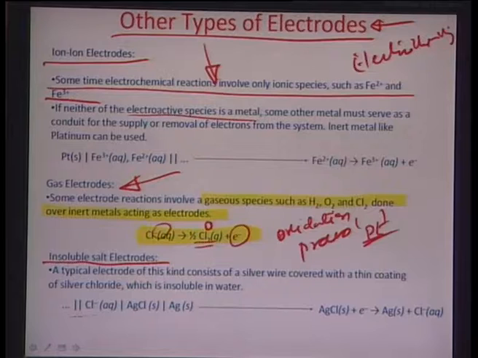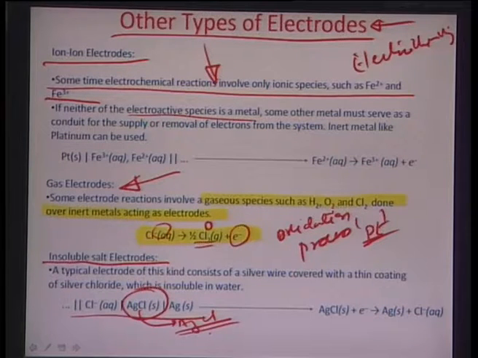Here the concept is a little different. Let us say we are talking about an AgCl electrode, a silver chloride electrode. Normally silver chloride is an insoluble salt in water, so if you put AgCl, it precipitates as crystals. The problem then is what do you do with the electrochemical sensing or electrochemical cell design.